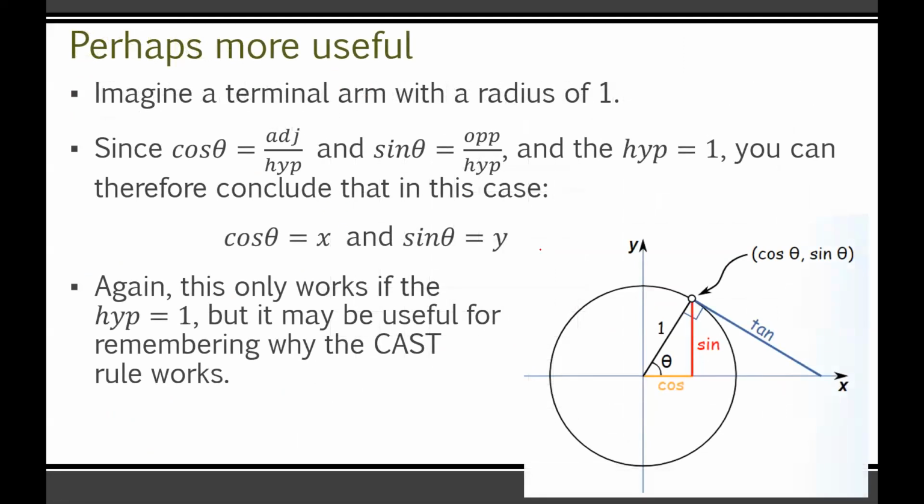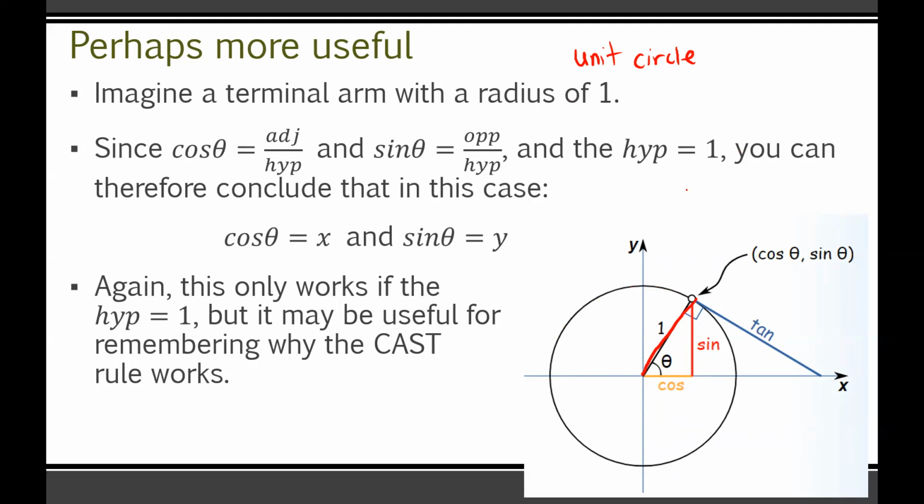Anyway, now perhaps a little bit more useful. I want us to imagine a terminal arm that is only a length of 1. So in other words, our hypotenuse has a length of just 1. These are really special situations. We actually call this a unit circle, where, of course, the radius of the whole circle all the way around is just 1.